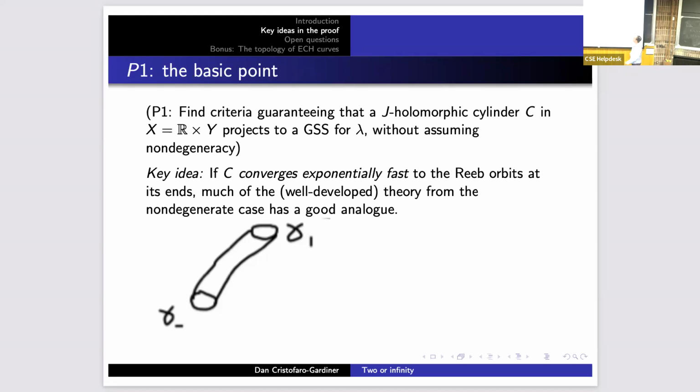Exactly. I'm glad you mentioned that, because in my view, that's the miracle about the whole thing. It's nice enough to say we want this, but then that gets to P2. How do you know that there's anything satisfying that? And it's some kind of miracle of embedded contact homology at the end of the day that there's anything doing it.